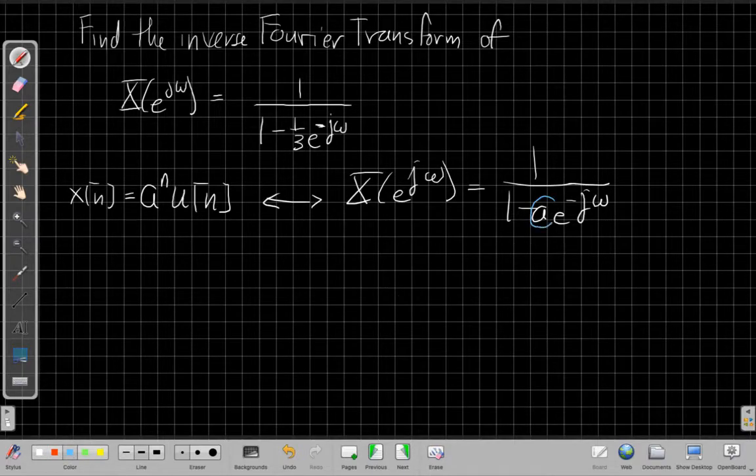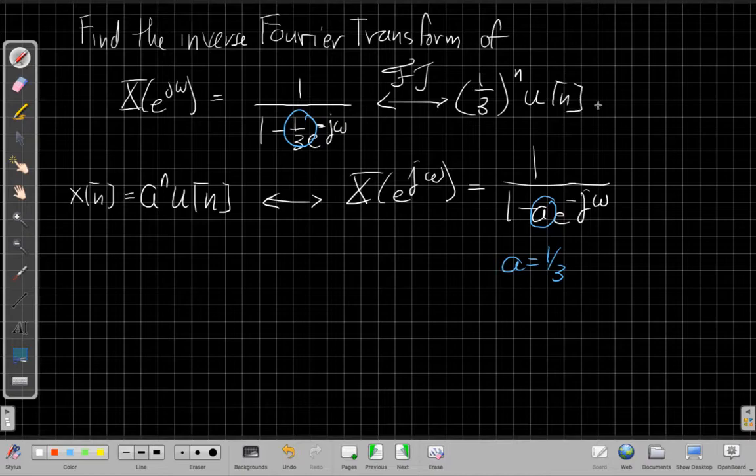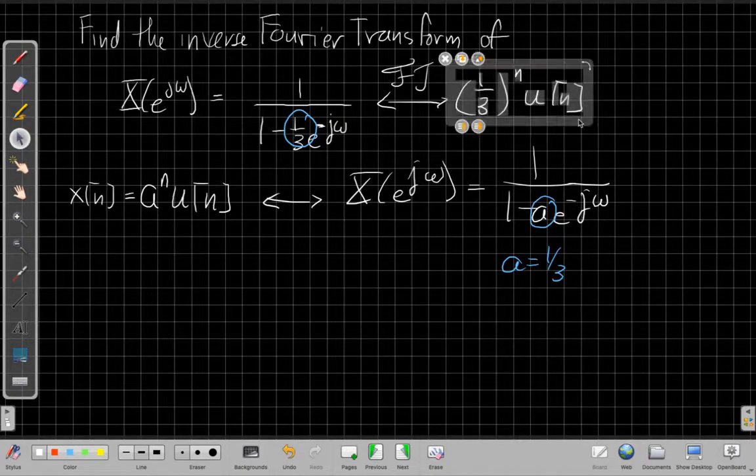If I set a equal to 1/3, I've got this exactly, so by the uniqueness of the Fourier transform, there's a Fourier transform relationship here. Using my little script FT notation, x of n will be equal to 1/3 to the n u of n.